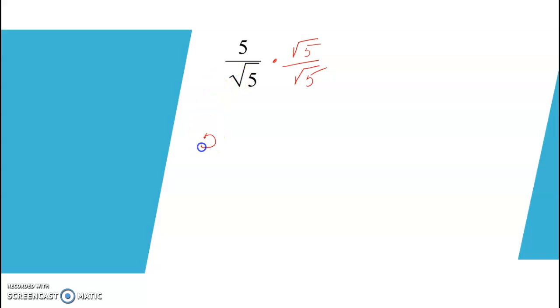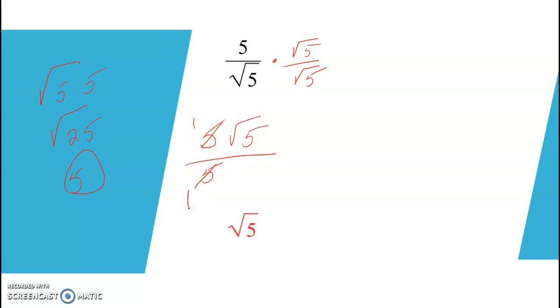So then that's going to give me 5 times the square root of 5 over 5. Because these right here, 5 times 5 is the same thing as the square root of 25, which we know is 5. So we just cut out the middleman and went straight to there. Oh, snap. The top and the bottom can reduce. So that just leaves me with the square root of 5.